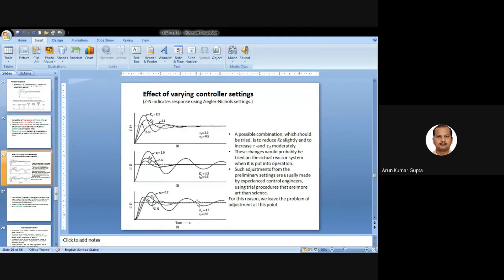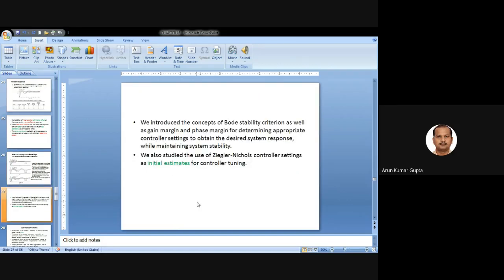So this way we are trying to show that the results we get by the Ziegler-Nichols setting method give a very good estimation of the parameters. We can conclude that we introduced the concept of Bode stability criteria as well as gain margin and phase margin for determining the appropriate controller setting to obtain the desired system response while maintaining system stability.